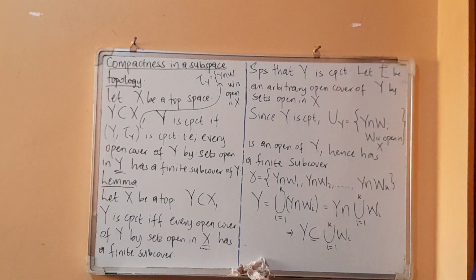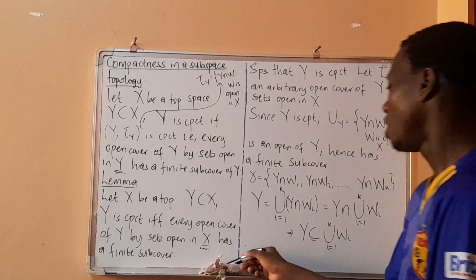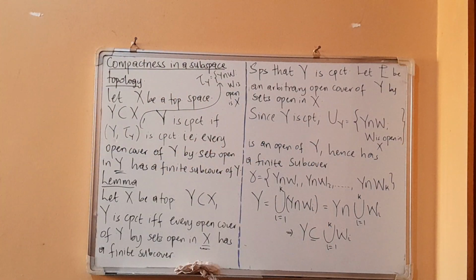These Wi are open in X. So Y is simply contained in, or covered by, the union of those open sets.